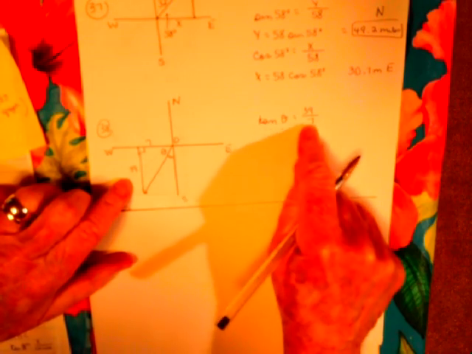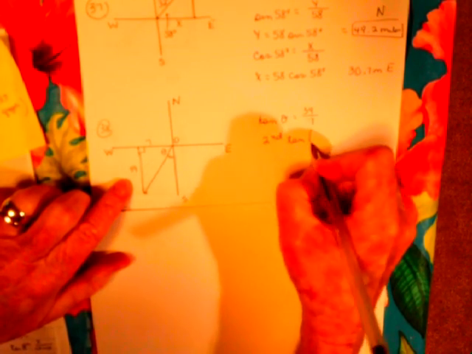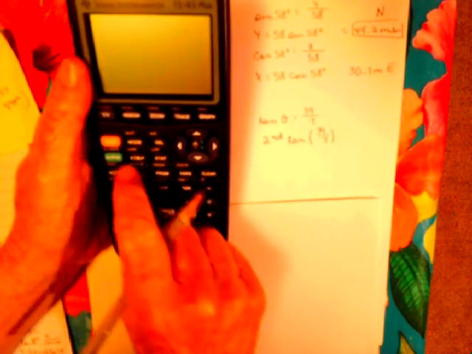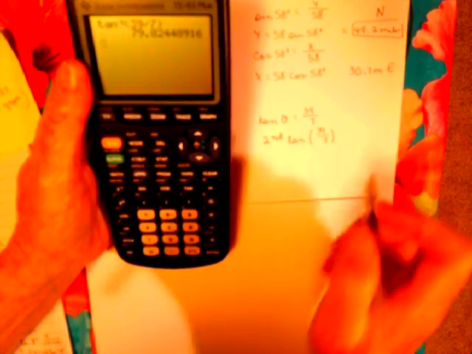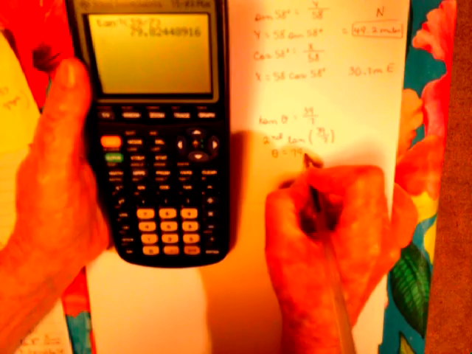I want to know what angle has a tangent of 39 over 7, so I do second tangent 39/7, and that should give me my angle that's included in that triangle. Second tangent, 39 divided by 7, theta equals 79.8 degrees.